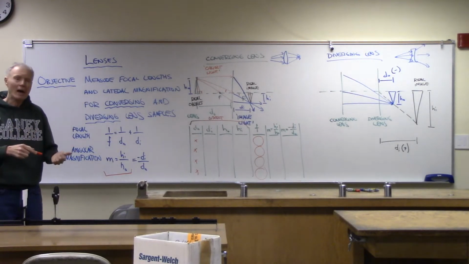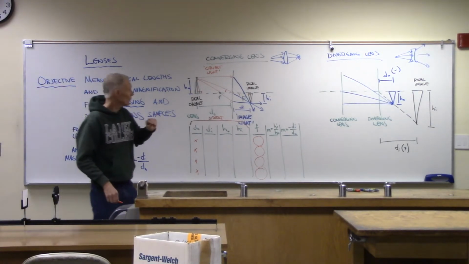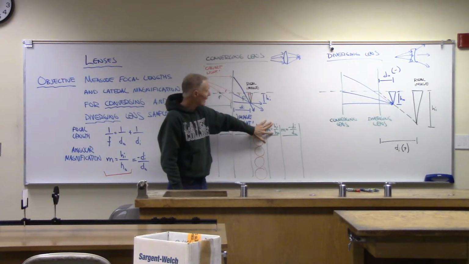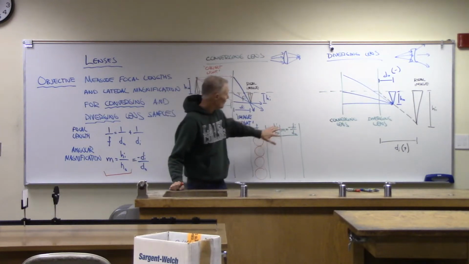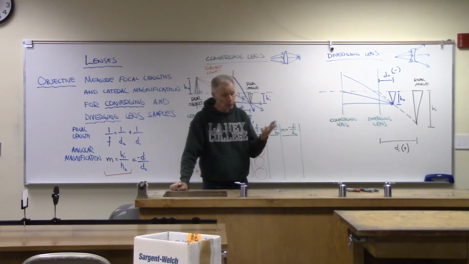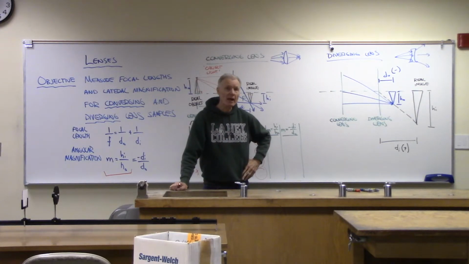What we're doing in lab is we're doing both. So we're going to measure HI and HO and determine the magnification from that. And then we're going to go back and measure DI and DO, or put those numbers in, and check and see if the magnifications match.